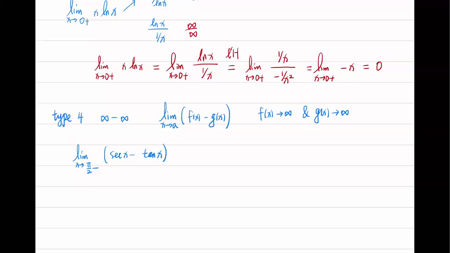On that side, we know that secant is 1 over cosine. Cosine goes to 0 from the positive side, so this will go to infinity. Tangent x also goes to infinity as x approaches pi over 2 from the left. To find this limit, use the definition.